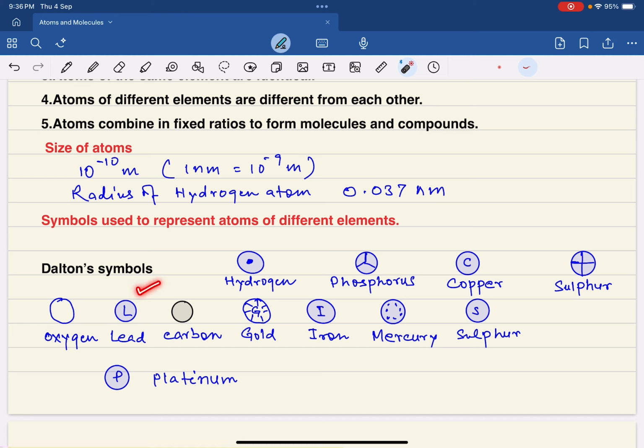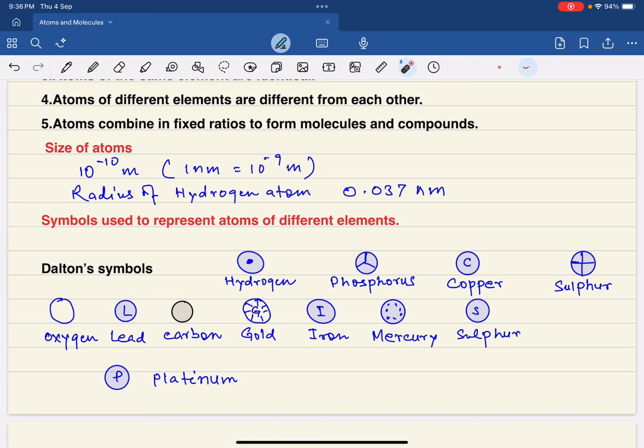In lead, the letter L is written inside the circle. In carbon, the circle is slightly darker. In gold, G and small arrows are given. In iron, I; mercury, a dotted line around a circle. In sulfur, the letter S inside the circle. In platinum, P is given.